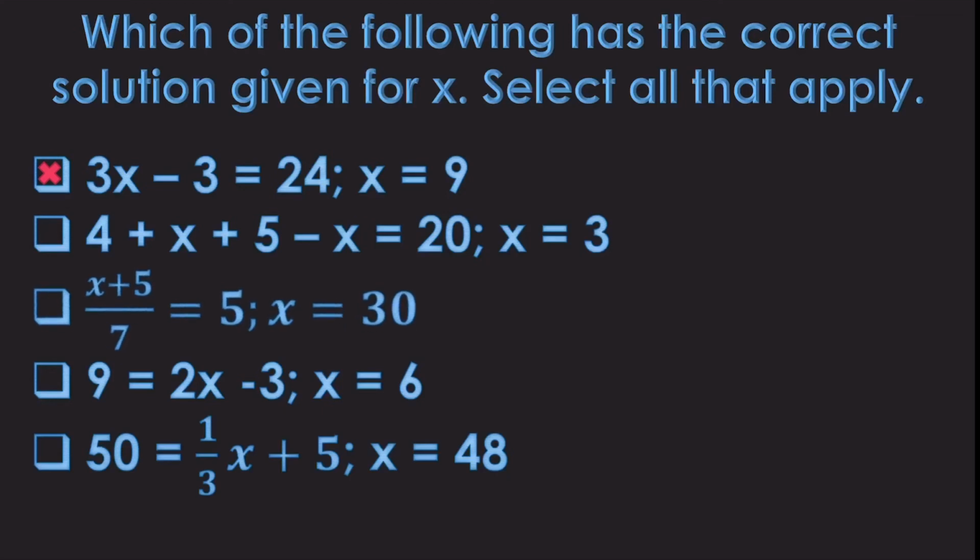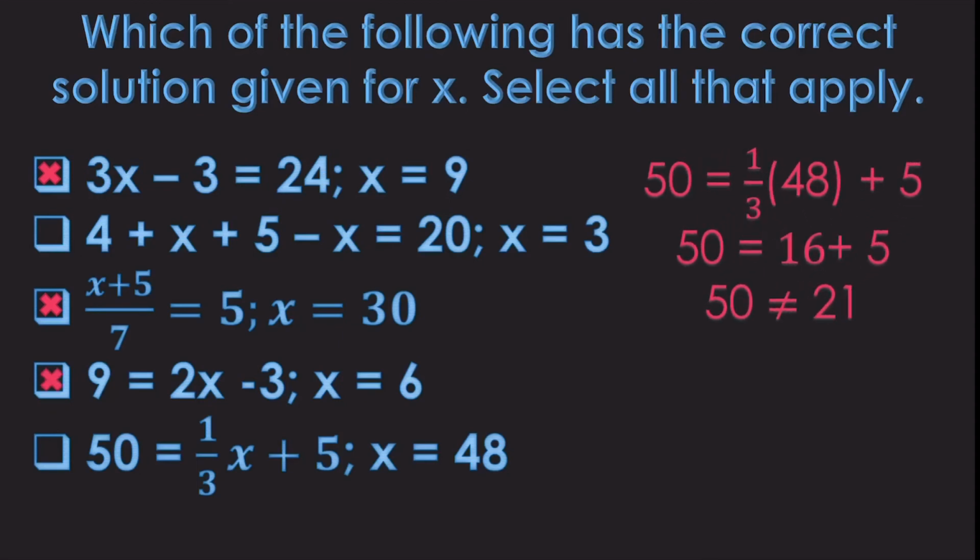So now I'm going to plug 30 in for x. 30 plus 5 is 35. Divide by 7. 5 does equal 5. So I'm going to put an x there. Now I'm going to plug 6 in. 12 minus 3 is 9. 9 equals 9. So I put an x there.